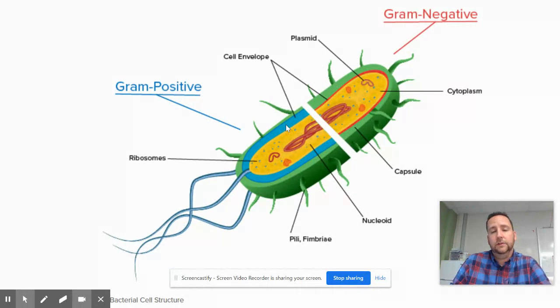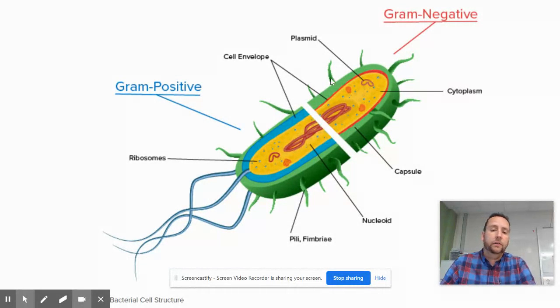The cell envelope consists of the cell wall as the primary structure, plus some other membranes, and it's primarily made of a chemical called peptidoglycan. You see a really thick cell envelope on gram-positive, thin on gram-negative.